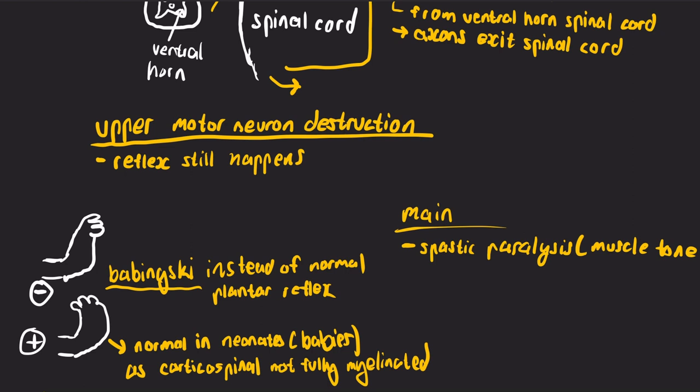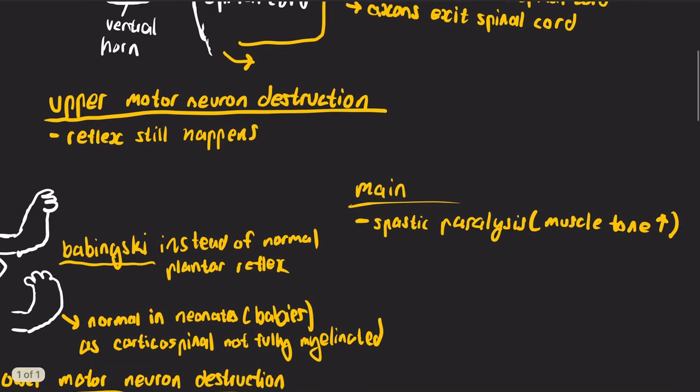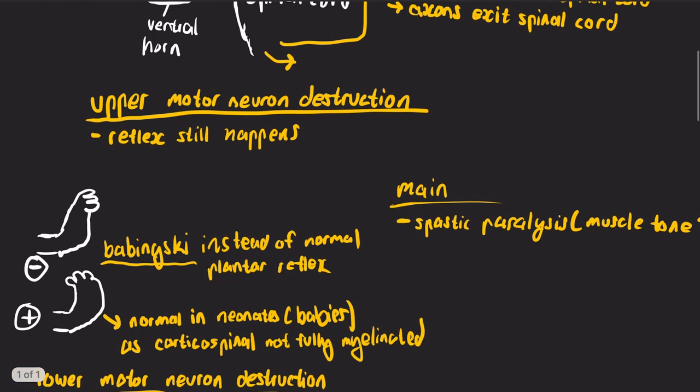The signals going onto your skeletal muscle do not travel as fast across that area because the myelin on those neurons is not fully developed. So this will result in a spastic paralysis, causing an increase in muscle tone.